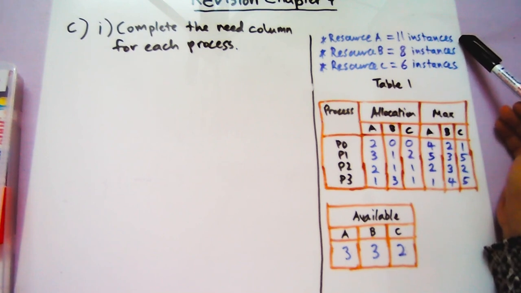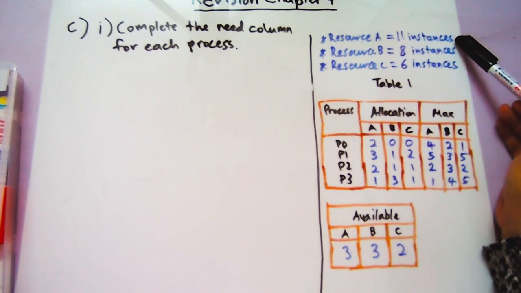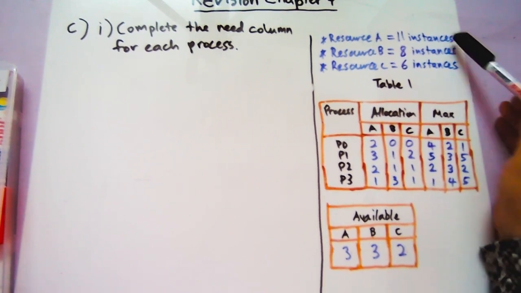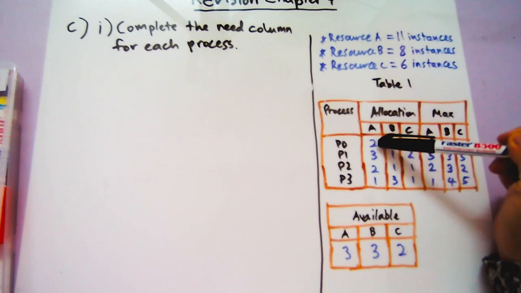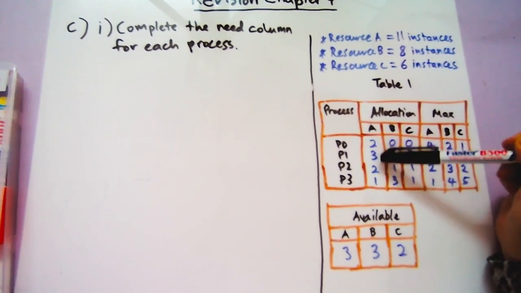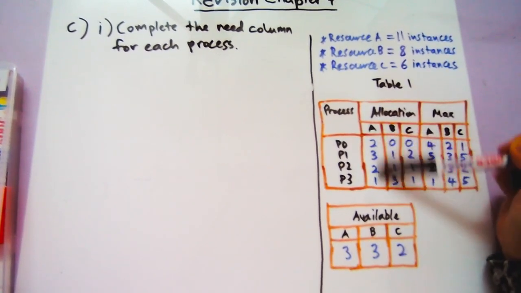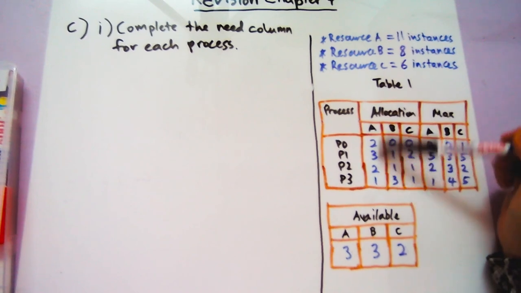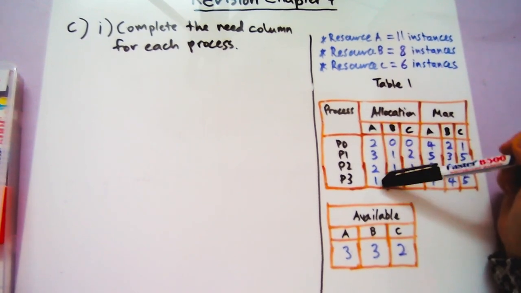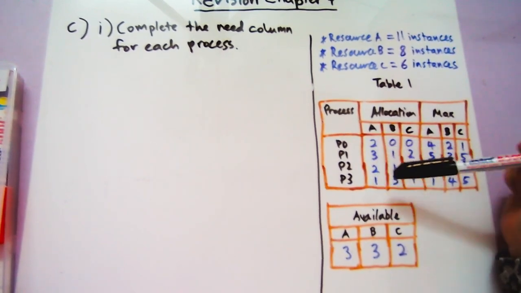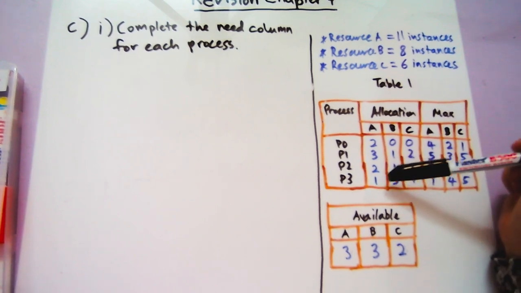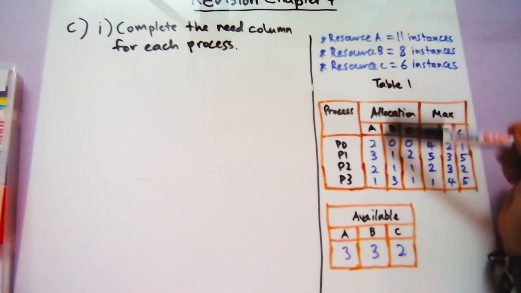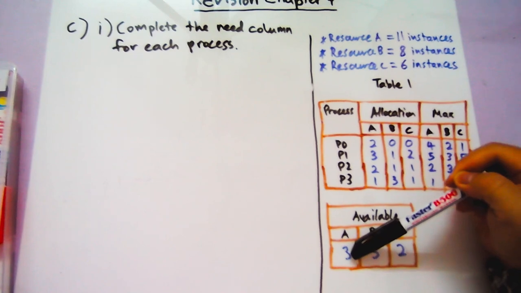We know that there are 11 instances of resource A. So to find the available instances of resource A, 11 minus 2 minus 3 minus 2 minus 1. These numbers represent the allocation of resource A for each process. So 2 plus 3 plus 2 plus 1 equals 8. 11 minus 8, we get 3.